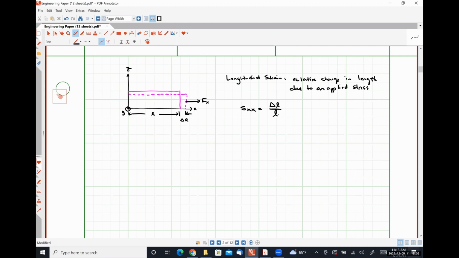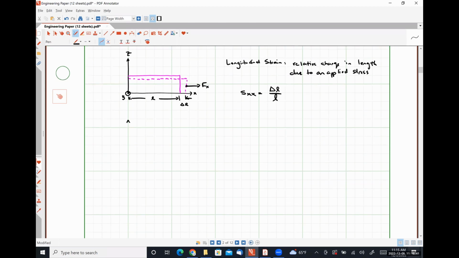And then we also have a transverse strain. So if we look at a different depiction, let's call this the z-axis. This is the y-axis, and out of the page is the x-axis. Prior to the force being applied, our beam has this cross-section.